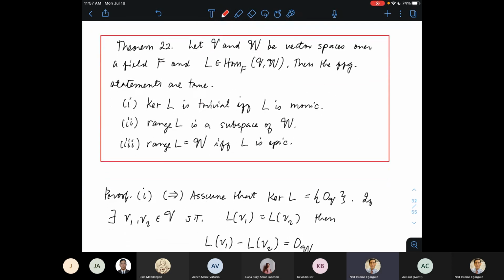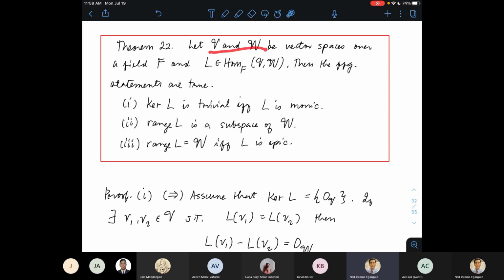So Theorem 22 kind of use the concept of monic and epic. So for this theorem, we consider vector spaces over the same field F. And if you will notice, this is one assumption that we are making. I guess I talked about it last time.